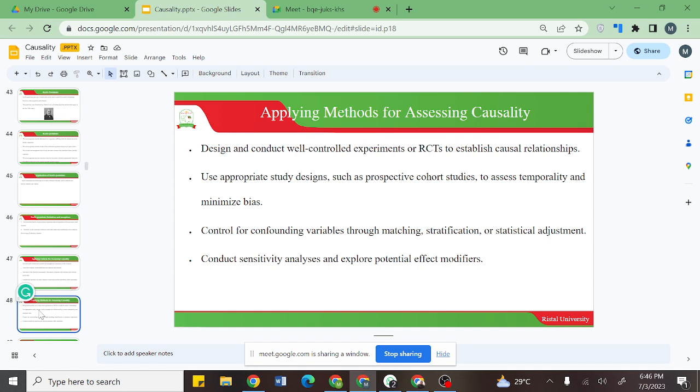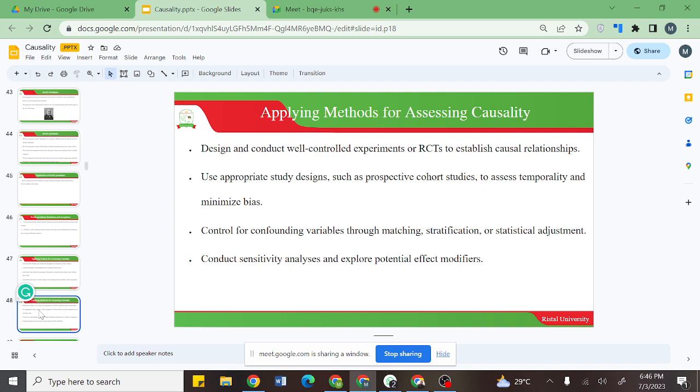Now, the next phase of our discussion is going to be on what we call methods for assessing causality, or basically research or epidemiological research designs that can be used for assessing causality. That's what we are going to look at.